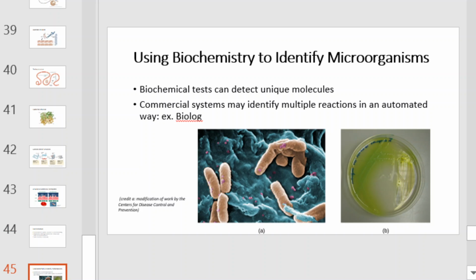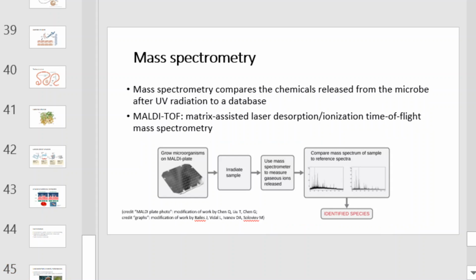Using biochemistry to ID organisms. Here we will look at biochemical tests that can detect unique molecules. Commercial systems may identify multiple reactions in an automated way in a form of an experiment called a Biolog. Mass spectrometry can also be used to ID organisms.